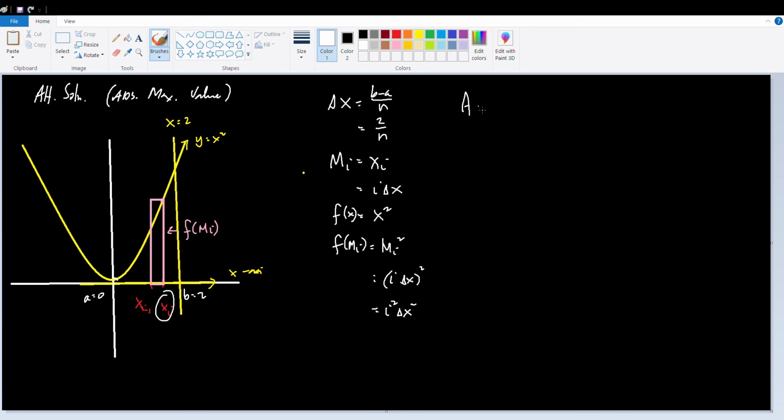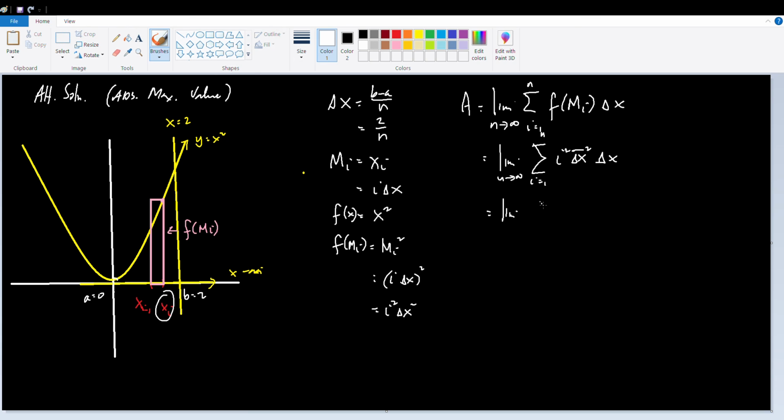So the area using the absolute maximum value is the limit of the summation of f of capital Mi delta x i from 1 to n as n increases without bound, equal to the limit of the sum of f of Mi, that is i squared delta x squared, times delta x, i from 1 to n, and increasing without bound.